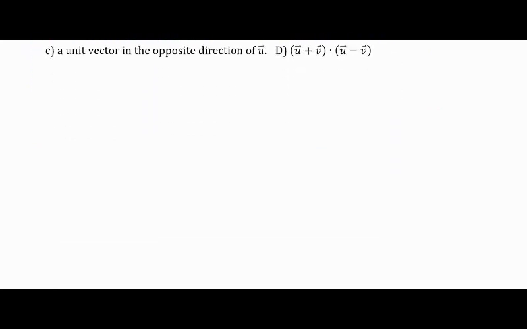A unit vector in the opposite direction of uv. Oh, of u, sorry. I'm getting these two mixed up. They're kind of clumped together. Bad formatting again there. A unit vector in the opposite direction of u. So that would be like negative u, first of all, is the opposite direction. So that would be positive 1 and negative 2 and negative 5, just taking the negative of everything. And then I want to find the magnitude of u.